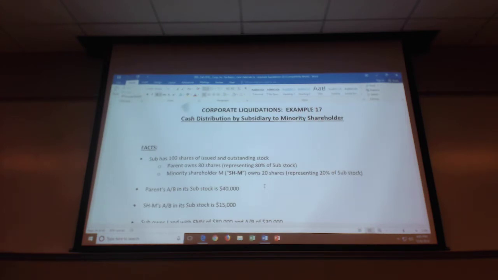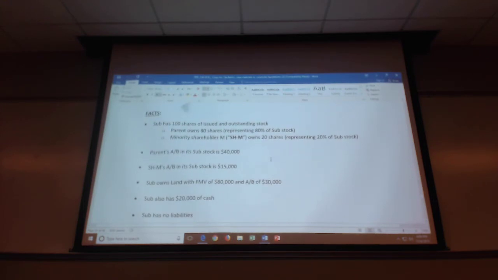So now, we have a minority shareholder here, owning, in this example, 20% of the stock. And we assume the parent has a $40,000 basis in its 80% stock interest, and the minority shareholder has a $15,000 basis in its 20% stock. We assume that the sub owns land with a fair market value of $80,000 and a basis of $30,000, and $20,000 of cash.